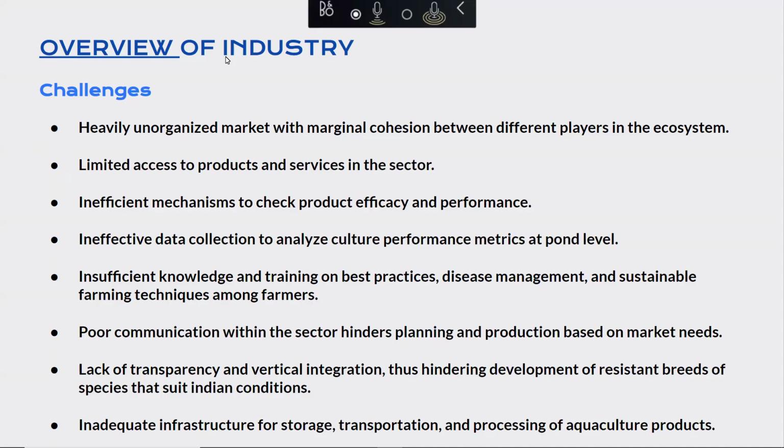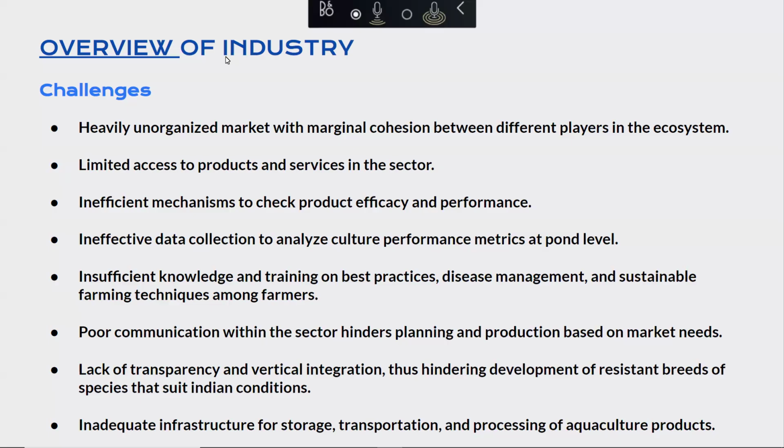And with this lack of integration between the players, if the farmer sends his data to the hatchery, then the hatchery guy will understand whether the seed he is producing is working in a certain geographic location or he has to change something.